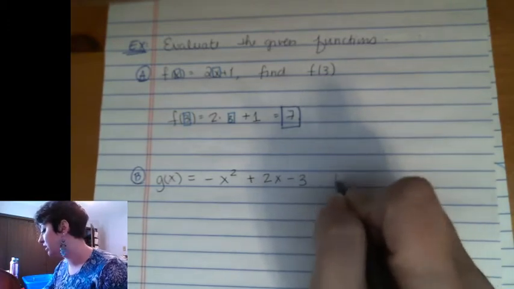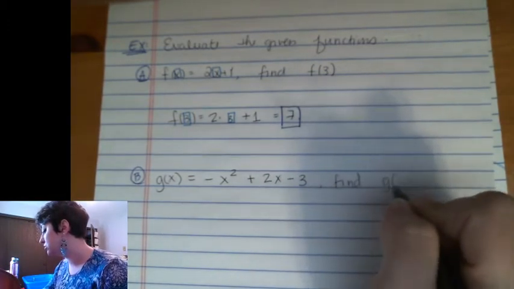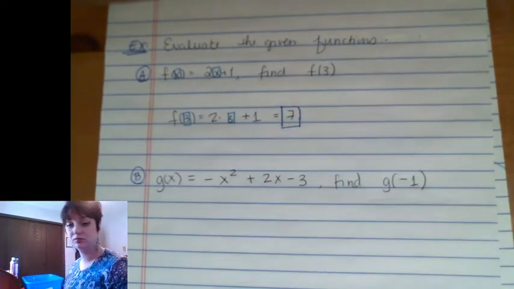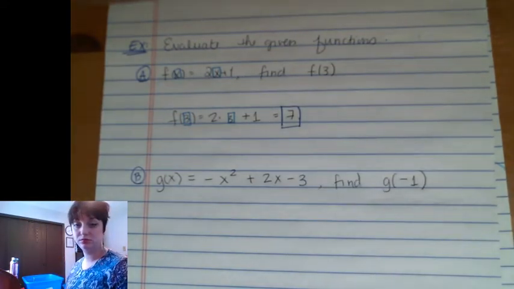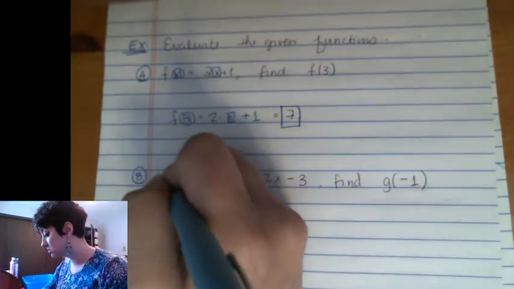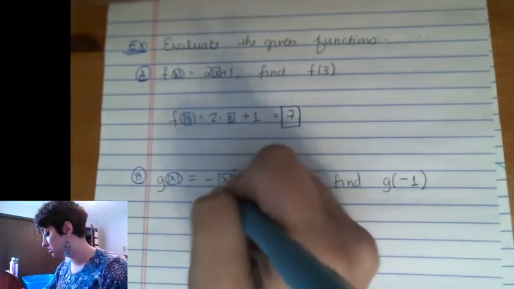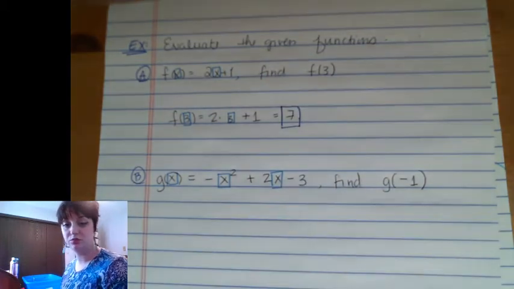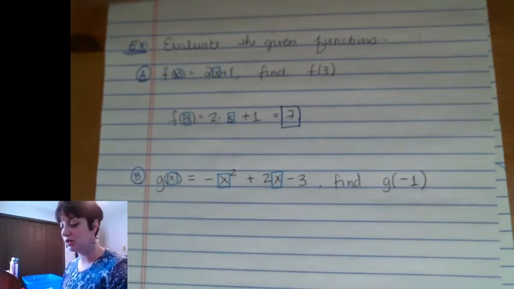And I want to find G of negative 1. So G says whatever your input is, square it and make it negative, plus 2 times the input, minus 3. That's the rule of G. And the stuff with the x's was just a succinct way to write that.